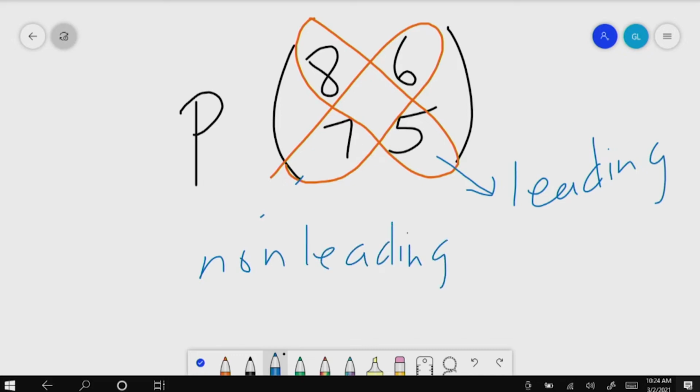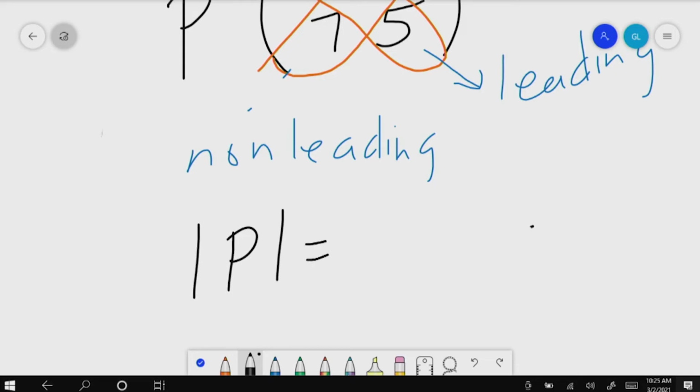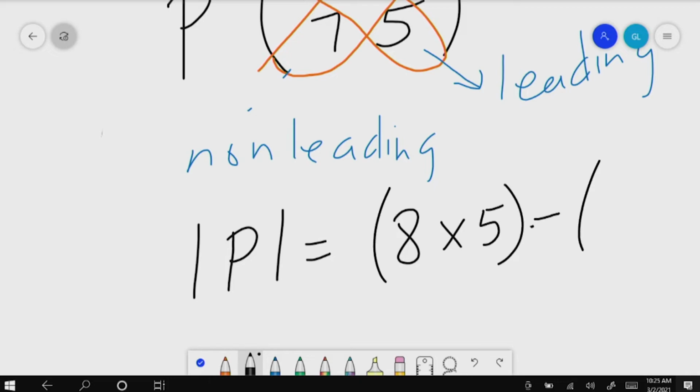Now, to find the determinant, the modulus of P would be found by 8 of 5 less 6 of 7.